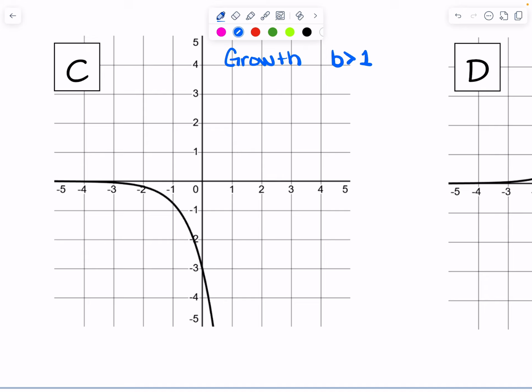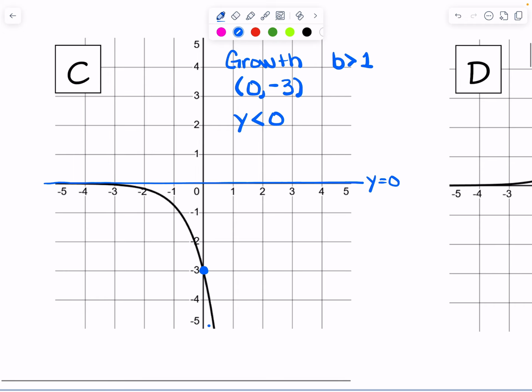The y-intercept is at (0, -3). And for the range, because it's below where y equals 0, y is less than 0. Now the right end of the graph is going right towards positive infinity, and it's going down forever and ever towards negative infinity.